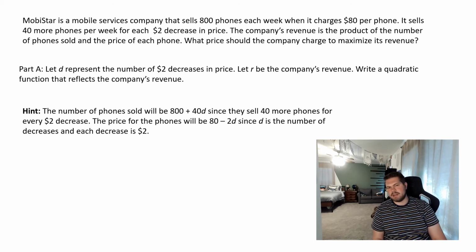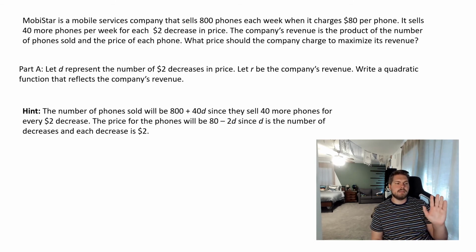Okay, it gives us a hint, but let's talk that over. A lot of mumbo jumbo, but they sell 800 phones each week and $80 per phone, and then it sells 40 more per week, so that goes back to the 800, and then a $2 decrease in price, which goes to the $80 price per phone. And they want to know the product of that, so they want you to multiply both of them.